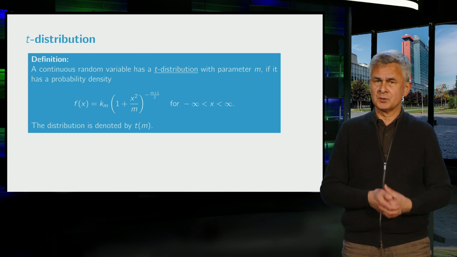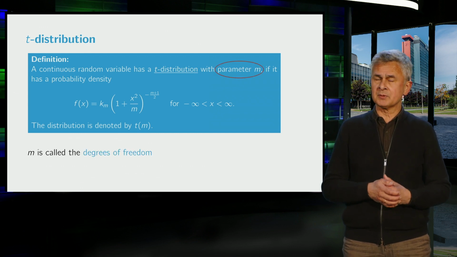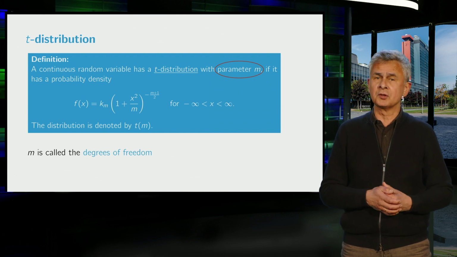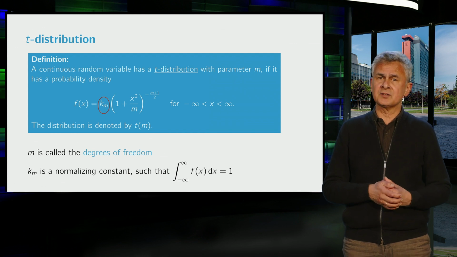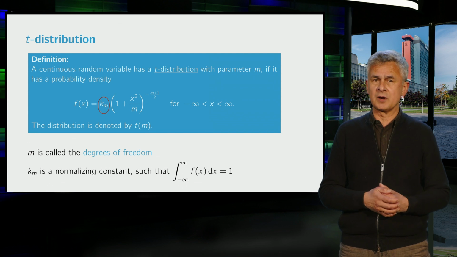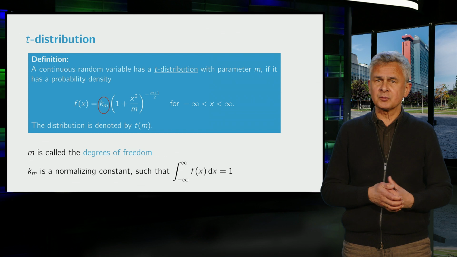We denote this distribution by t(m). The parameter m is typically an integer greater than or equal to 1 and is called the degrees of freedom. And furthermore, km is a normalizing constant to make sure that the density has area 1 under the curve. There is an explicit expression for km, but we do not need this for our purposes.